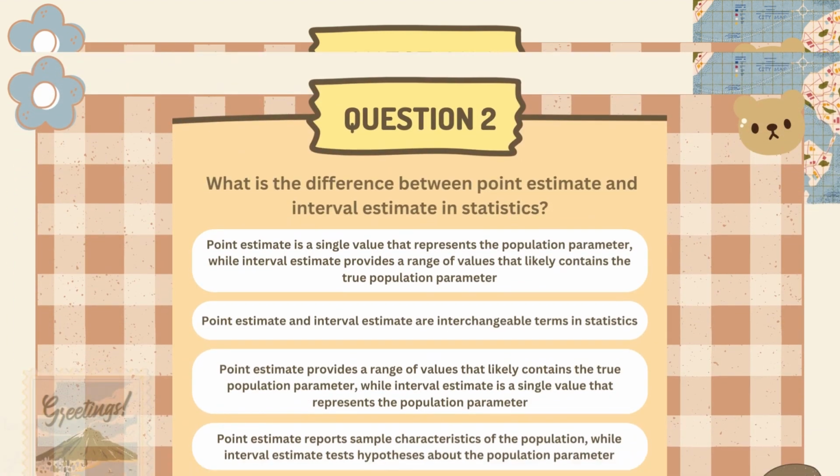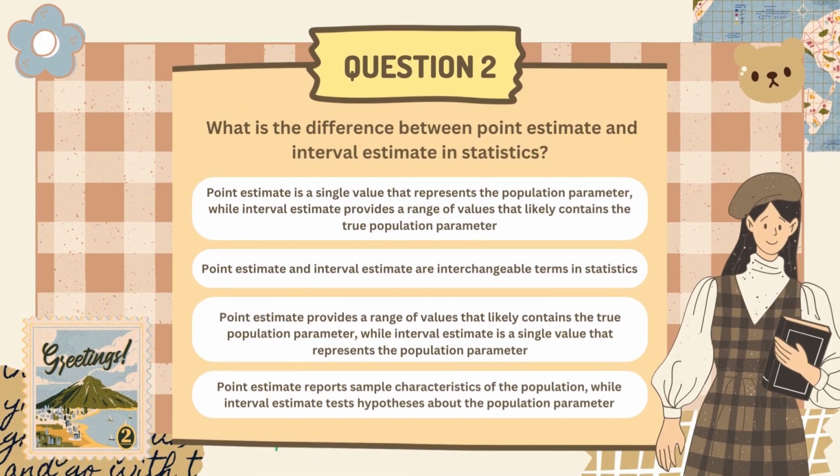What is the difference between point estimate and interval estimate in statistics? A. Point estimate is a single value that represents the population parameter, while the interval estimate provides a range of values that likely contains the true population parameter. B. Point estimate and interval estimate are interchangeable terms in statistics.